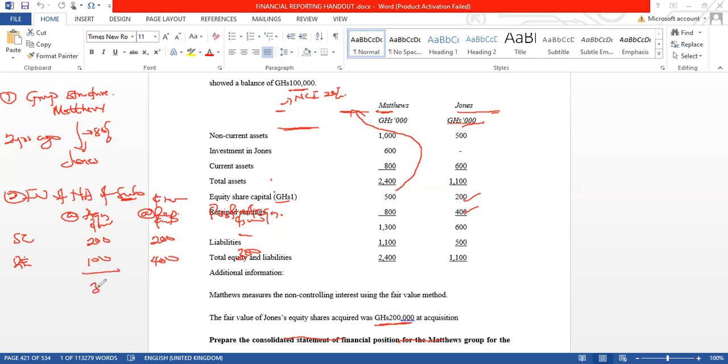You have 600, and the movement is 300. Don't forget, you are going to use this for workings, and you are going to share this one for workings 4 and 5. All right. So let's look at the goodwill, workings 3, goodwill. Purchase consideration, they told us in the question, they bought it for how much?